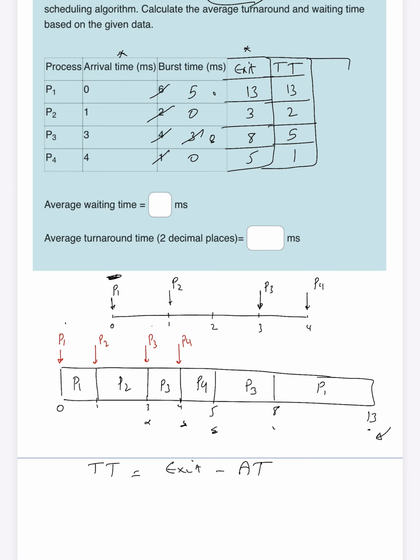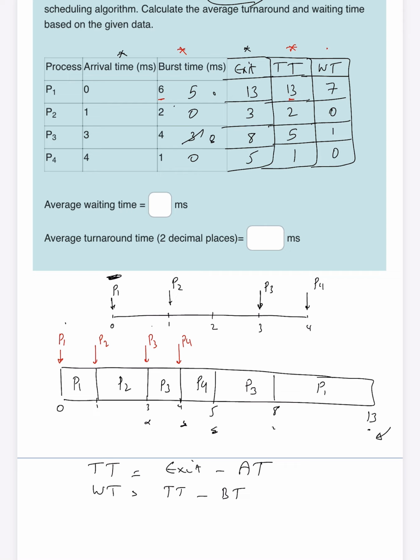The next column that we need to add is waiting time. The waiting time is the turnaround time minus burst time. I need to subtract these two columns. It means that 13 minus 6 is 7, 2 minus 2 is 0, 5 minus 4 is 1, and 1 minus 1 is 0.